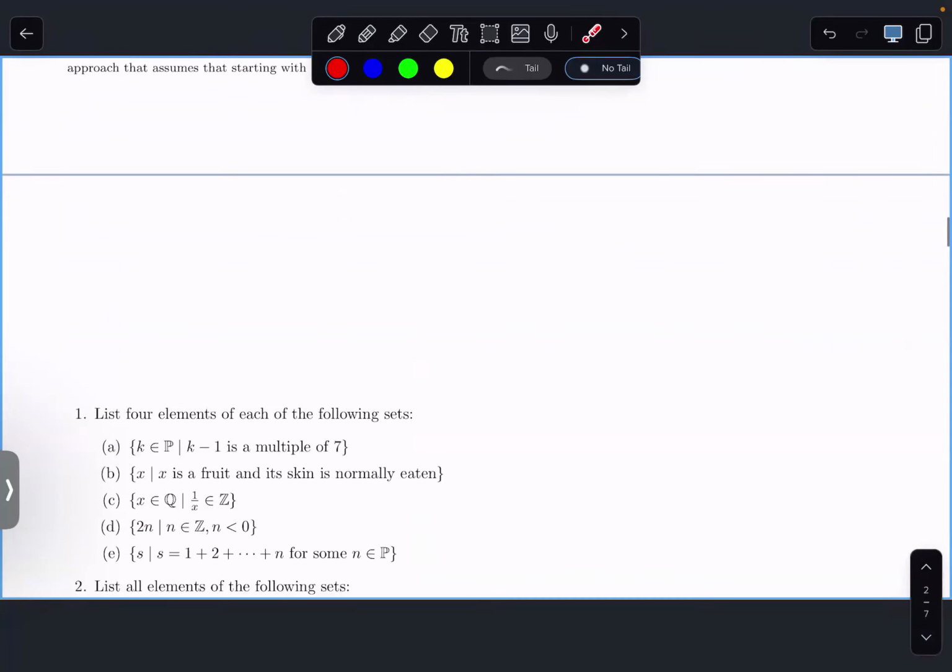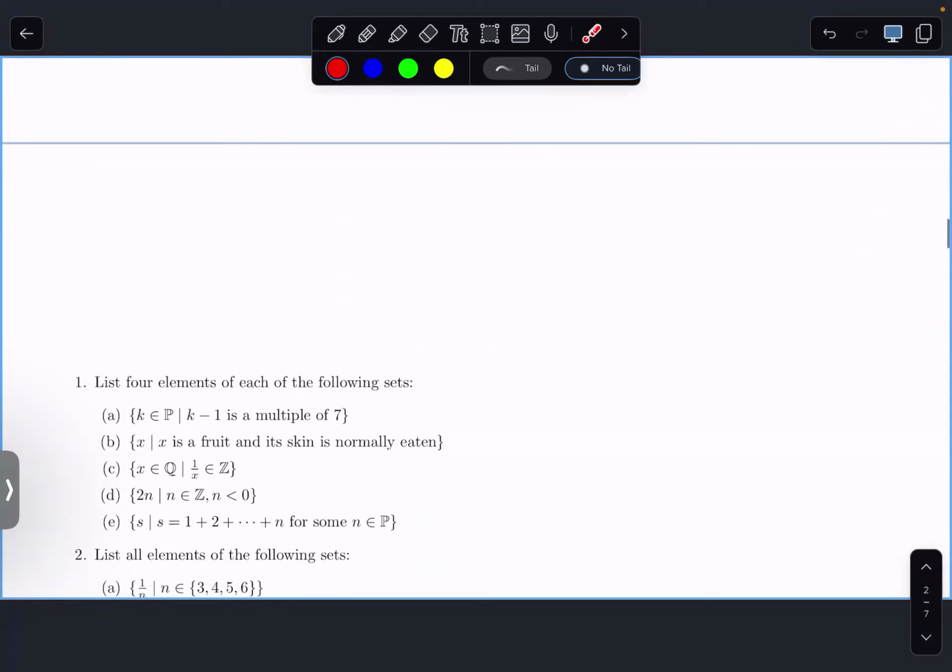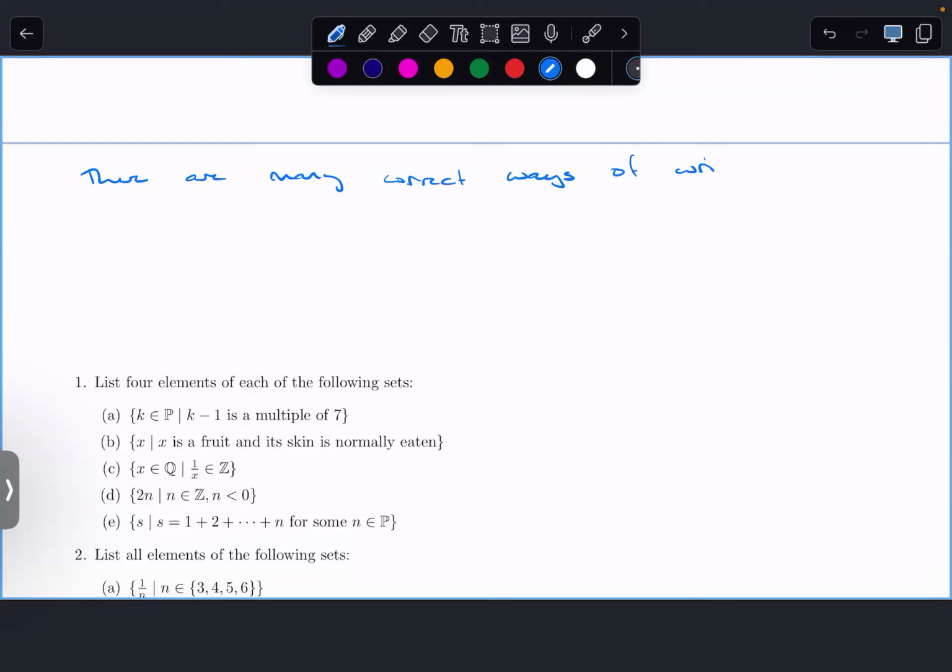Okay, so I do want to make a note here. There are many correct ways of writing a set.